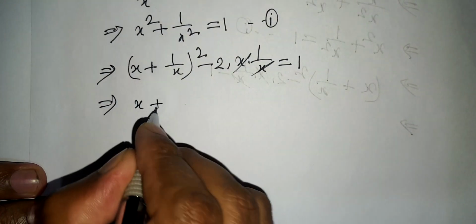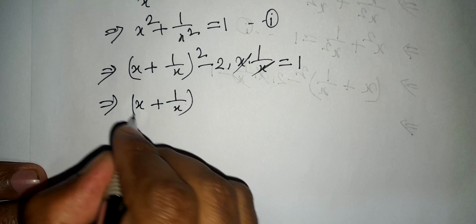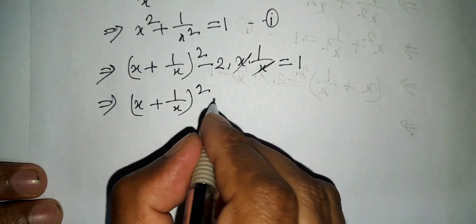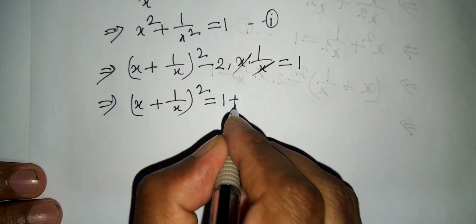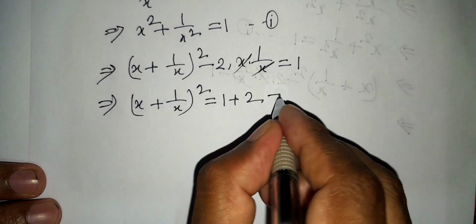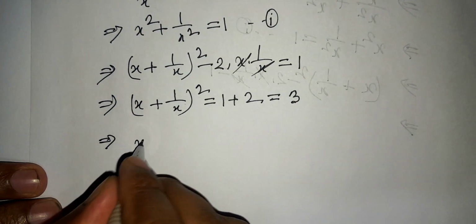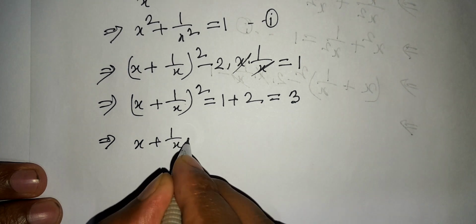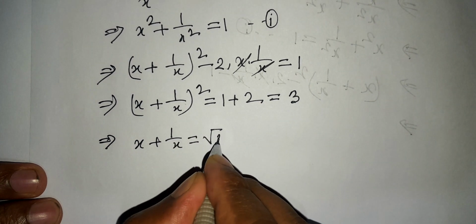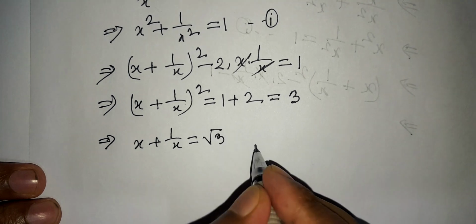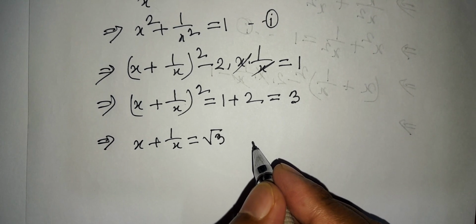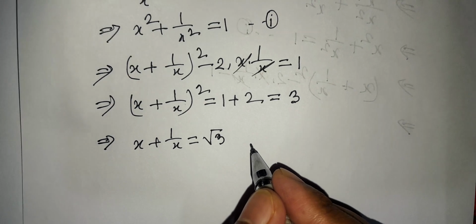Then we can write x plus 1 by x whole square is equal to 1 plus 2, is equal to 3. So x plus 1 by x is equal to root 3. We get this by taking the square root of both sides.